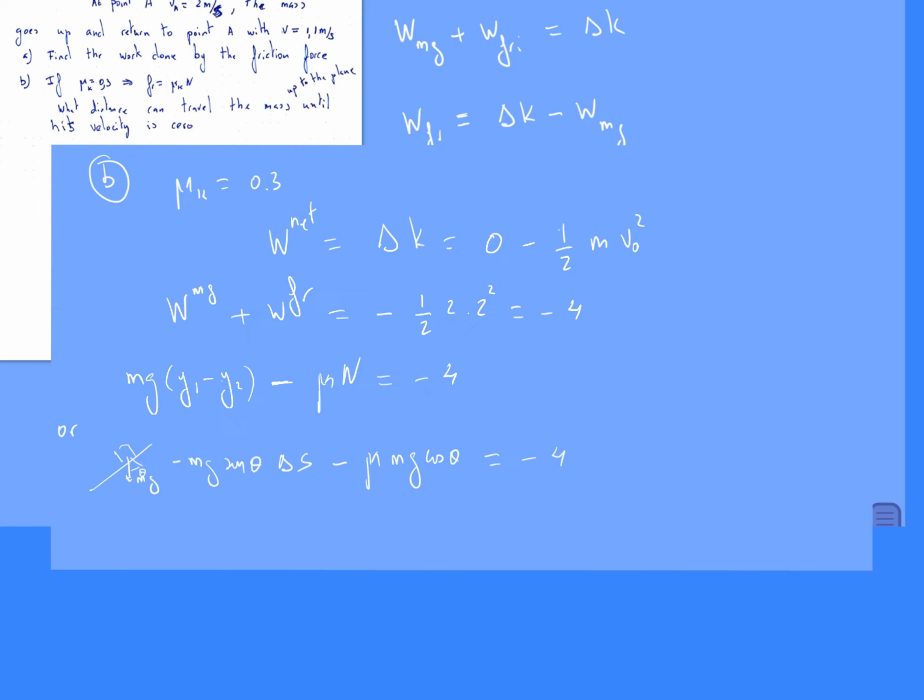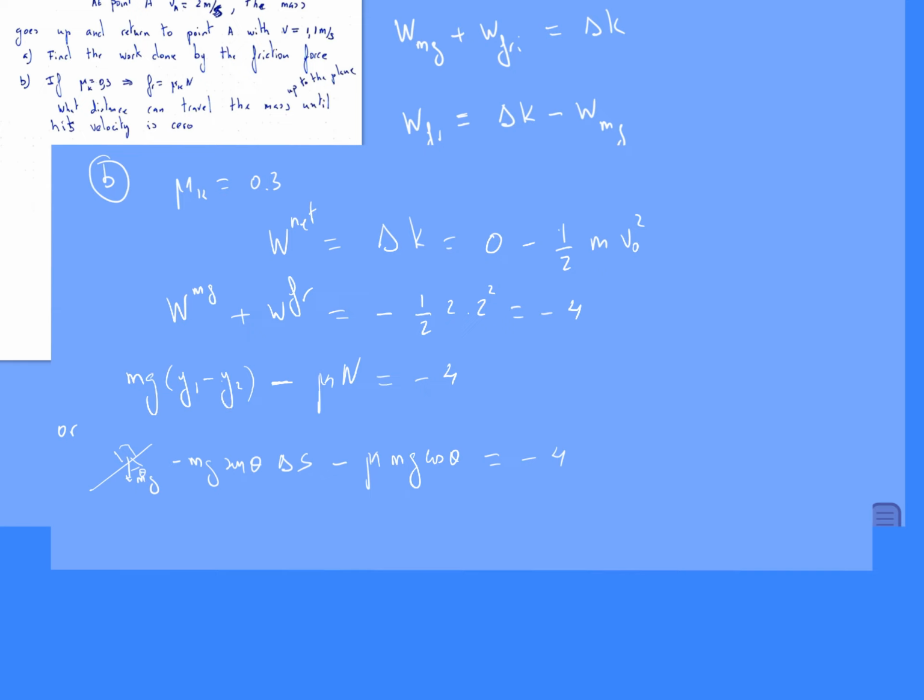The normal force is mg cosine of theta. To solve this equation, we have placed the equation mg y1 minus y2 equal minus mu times n.